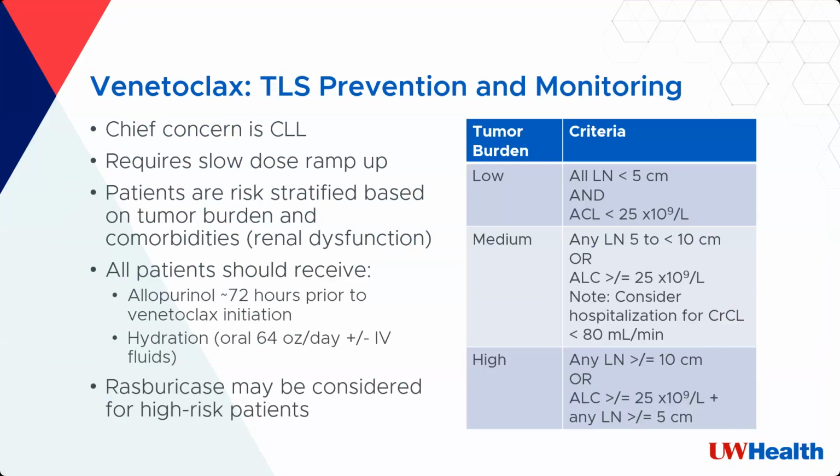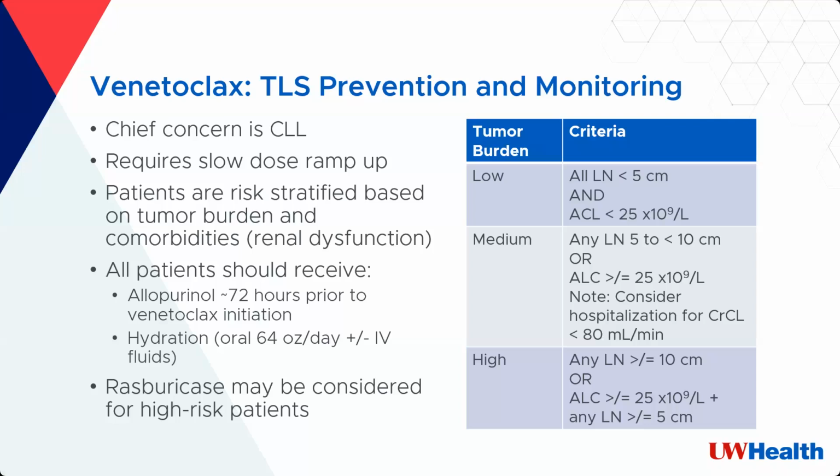So let's talk a little bit about tumor lysis syndrome prevention and monitoring with venetoclax, and I'm going to talk about CLL specifically because that's the condition where we worry about it the most. So you already saw it requires a slow dose ramp up. The standard of care ramp up is over the course of 5 weeks. Patients are risk stratified based on tumor burden and comorbidities, specifically their renal function. So you'll see on the right-hand side here, this table is pulled right out of the package insert.